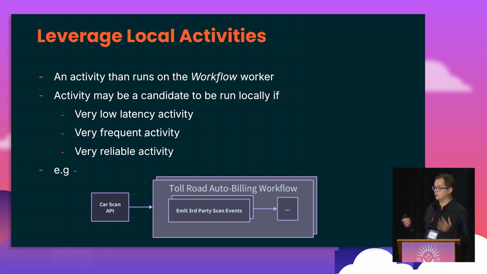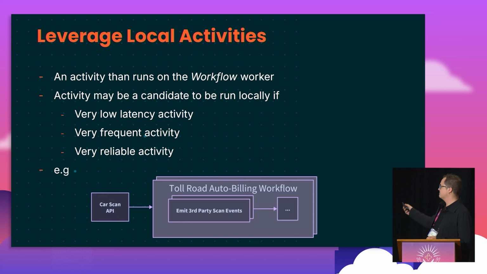If you have a very low latency activity that you're trying to move to a local activity, if it's very frequent, you're calling it in great quantities, and ideally if it's very reliable or something where, if it fails, you can continue on your happy path. It's a best effort delivery. An example would be, moving back to my car examples, in this auto road billing API.